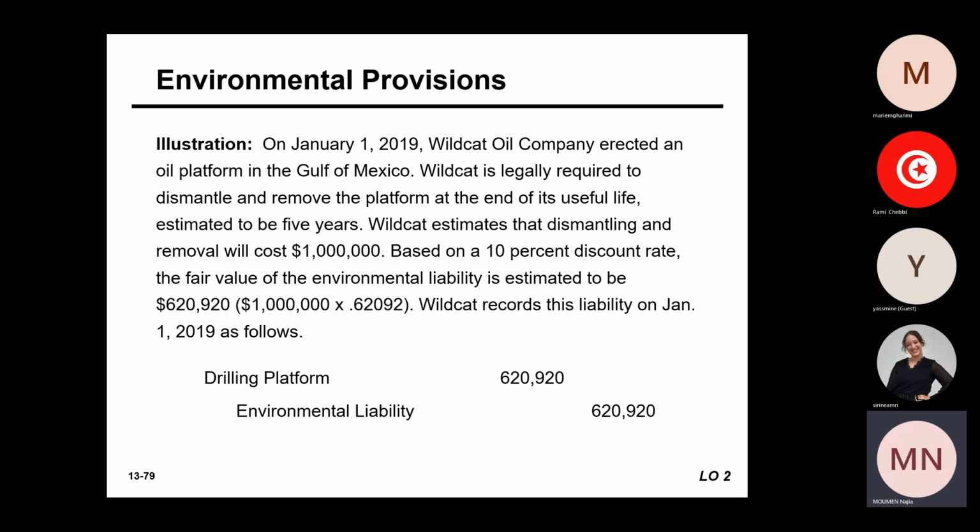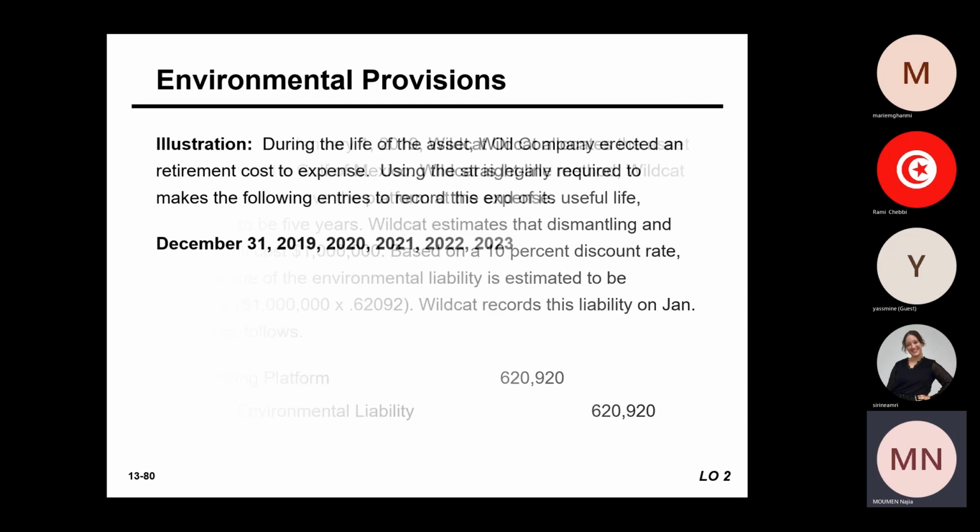Okay, so if you estimate that we will incur 1 million cost to remove that platform, then we should recognize at the beginning, January 2019, the asset itself with 620 and the environmental liability with the same amount.